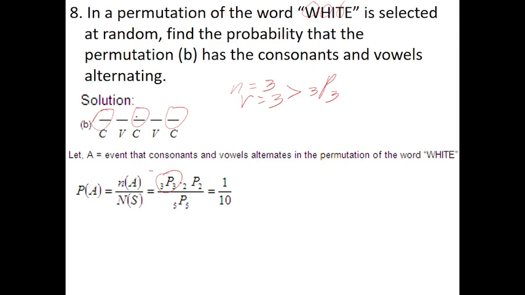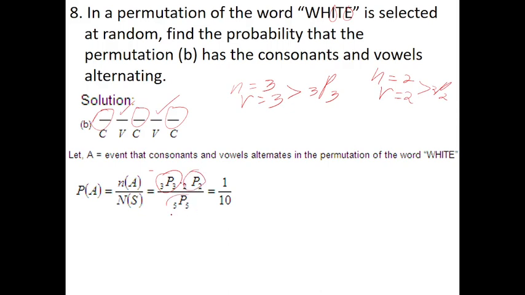So, ilan na lang matitirang letters na pagpipilian? Ilan yung vowel na pagpipilian? Dalawa, right? I and E. So, N is 2. Ilan yung available slots? Dalawa. Kaya meron kang 2P2.